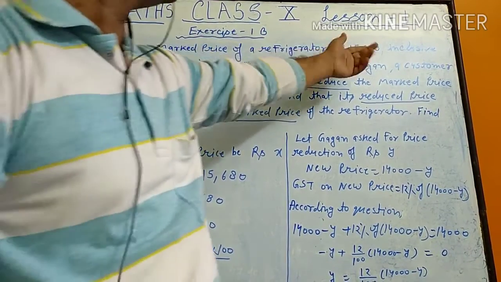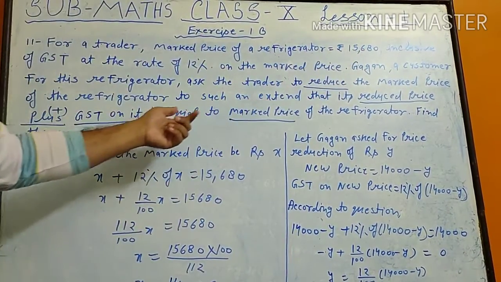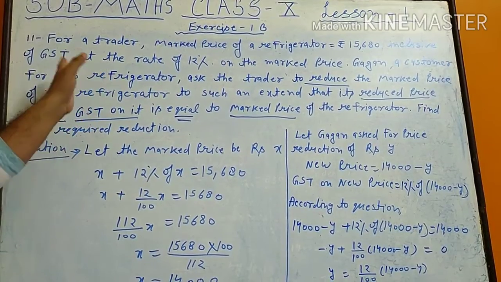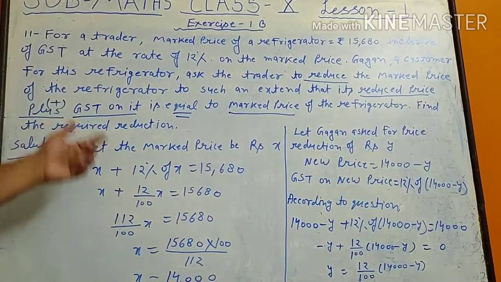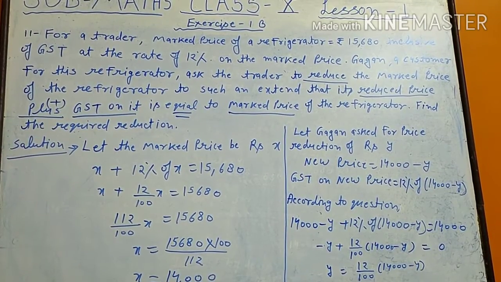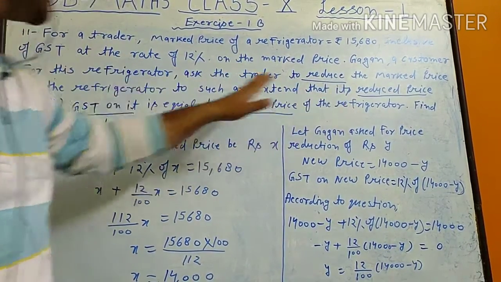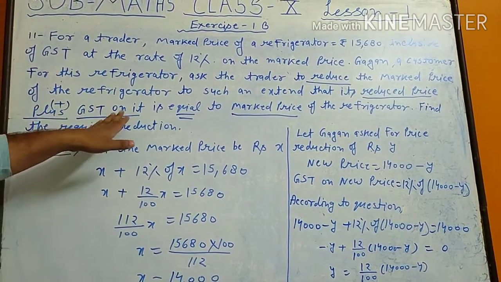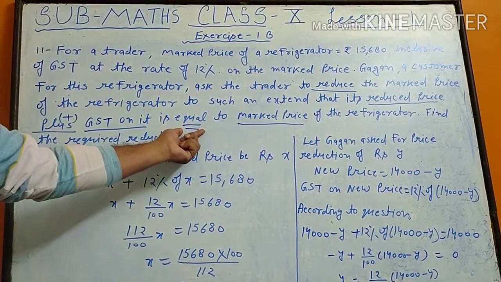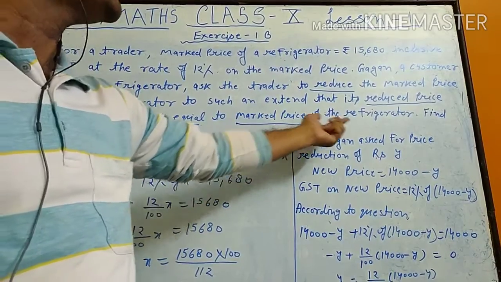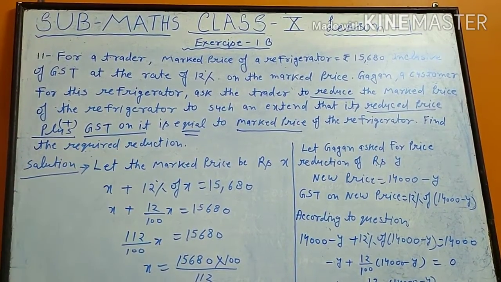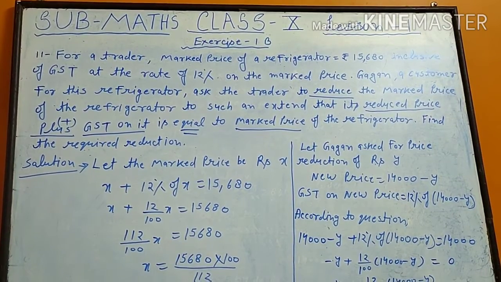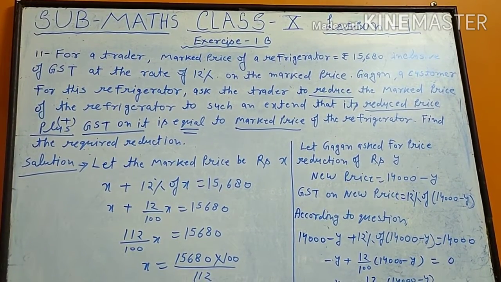Okay, so two important points are there. First, the mark price is inclusive of GST. Then Gagan asked to reduce the mark price so that its reduced price plus GST on it is equal to the mark price. Find the required reduction. So first, we don't know what the mark price is.